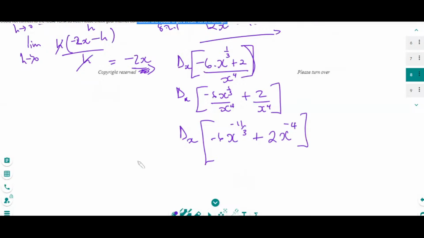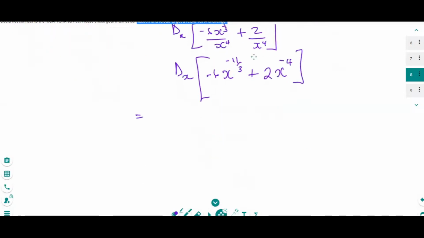Then it's time for me to find the first derivative. So I'll get this negative 11 over 3 and multiply it by my coefficient here, which means it's going to be 22x to the negative 11 over 3 minus 1. Negative 11 over 3 minus 1, I'm getting negative 14 over 3. The negative 4 times 2 gives me negative 8x to the negative 4 minus 1, that's negative 5.